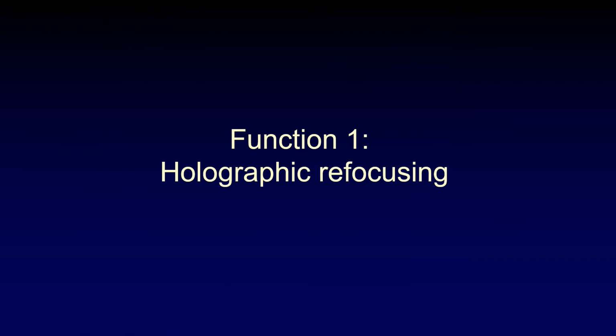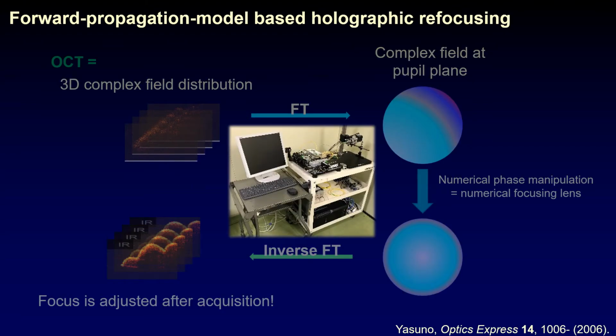Let me explain the measurement functions one by one. The first measurement function is holographic refocusing. Our holographic refocusing is based on a forward propagation model. The starting point of this method is a three-dimensional complex field distribution measured by the OCT. We extract an en-face distribution of the complex electric field and Fourier transform it.